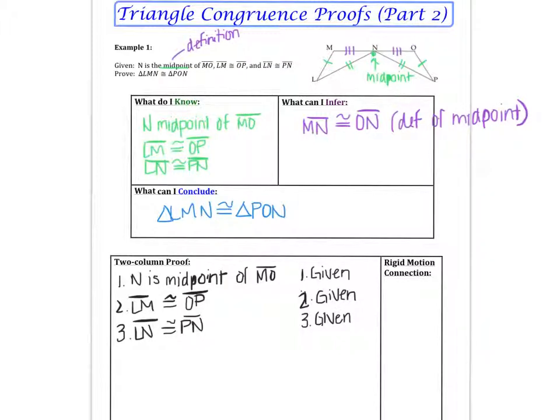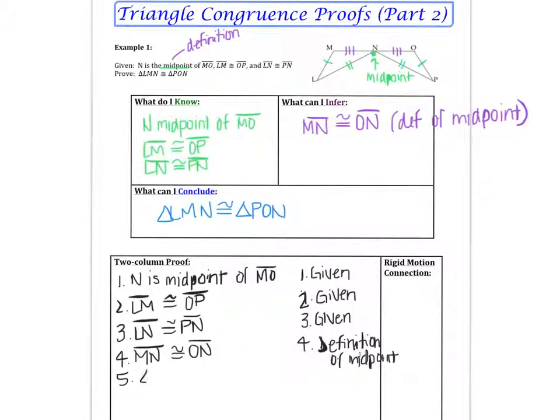Alright, so what did I infer? I inferred that MN is congruent to ON. And the reason that I was able to infer that is because it's just the definition of midpoint. I used the definition of midpoint to say, well, if that's the midpoint, then it divides it into 2 equal parts.